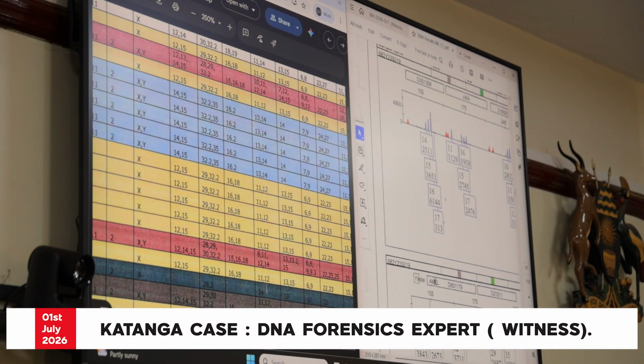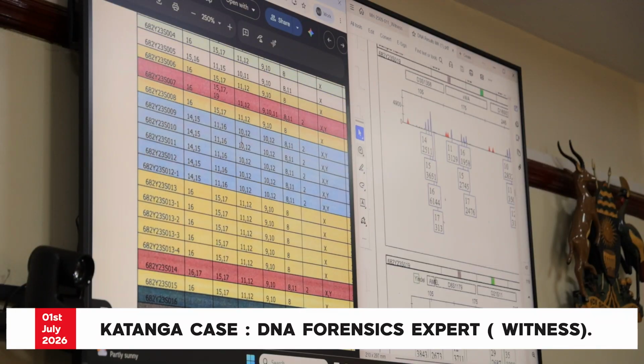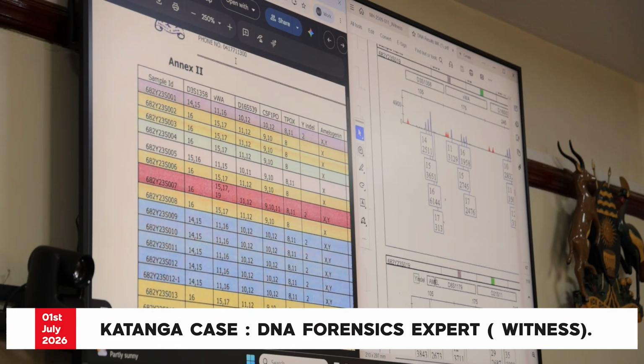So Henry has, if you go to sample 1, Henry has 14 and 15, so we can see them. Molly has 2 copies of 16, and Patricia has a 15 and a 16.